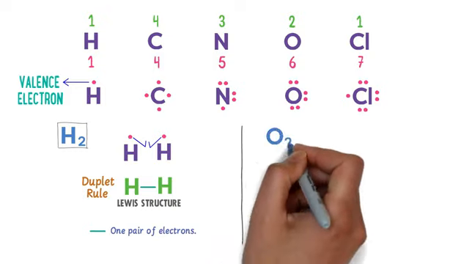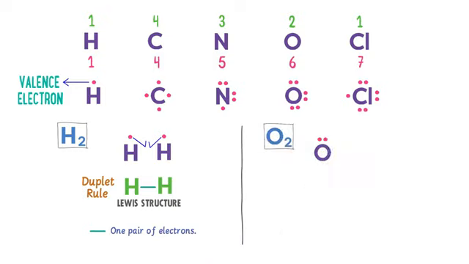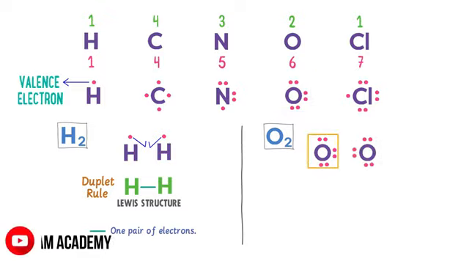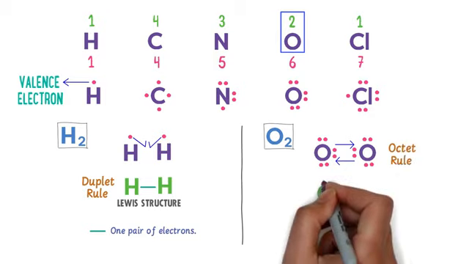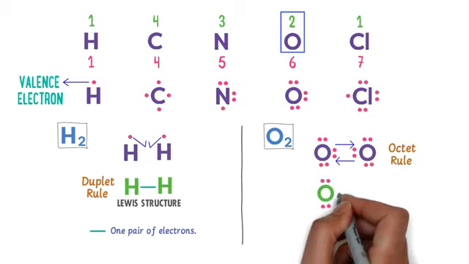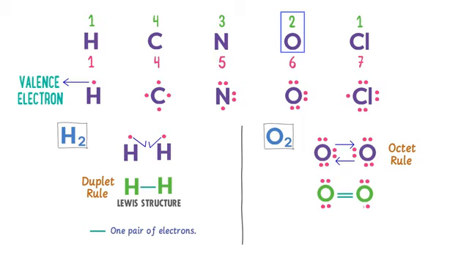Secondly, consider the oxygen molecule. I take 2 atoms of oxygen. There are already 6 electrons present in the valence shell of this oxygen atom and this oxygen atom. So they will share 2 electrons each in order to complete their octet rule and we get this structure.